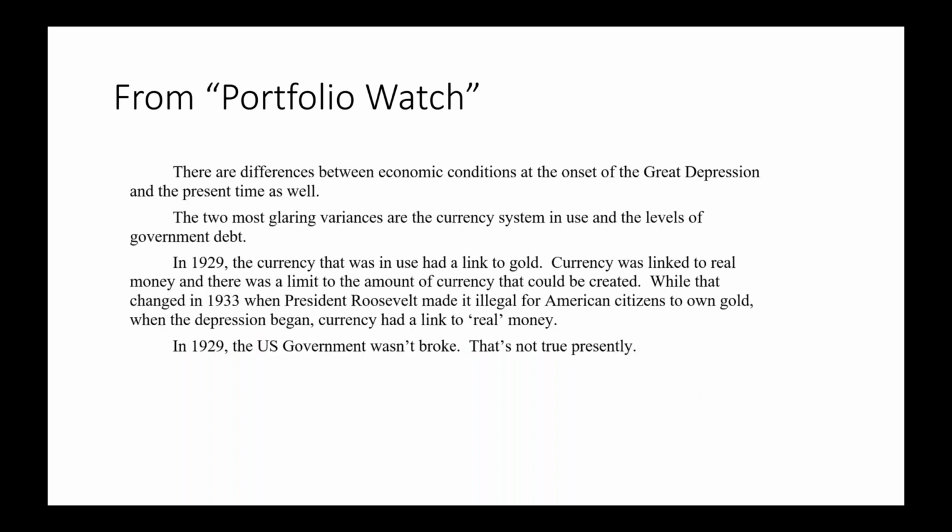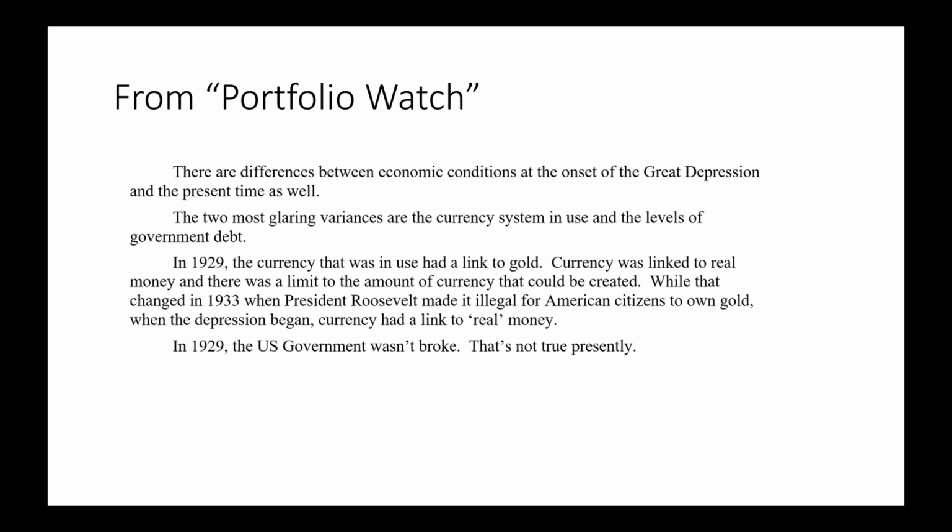Now, there are some differences between economic conditions at the onset of the Great Depression and the present time as well. There's two glaring variances that I point out in the Portfolio Watch this week. One is the currency system that's in use, and two, the levels of government debt that exist. And these two are very closely related. In 1929, the US dollar had a link to gold.